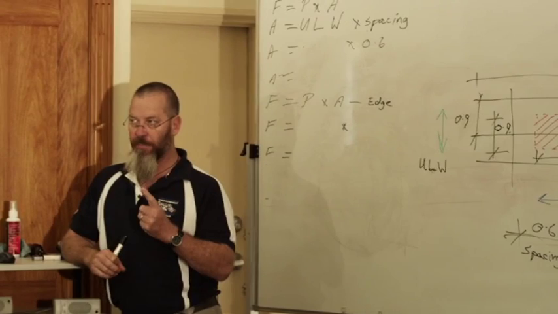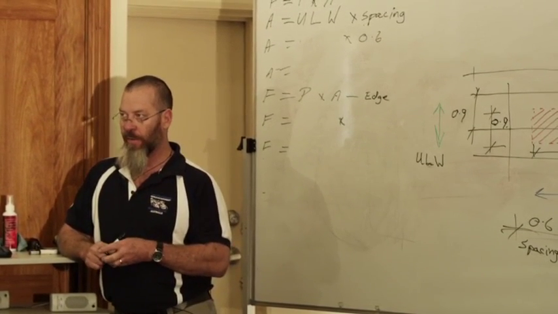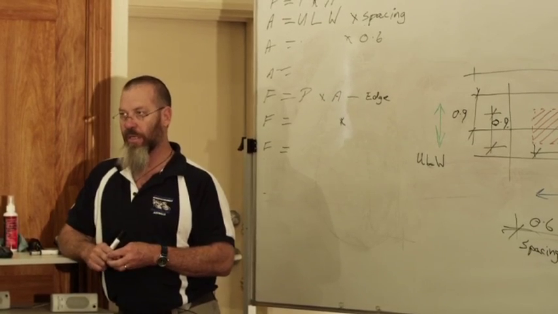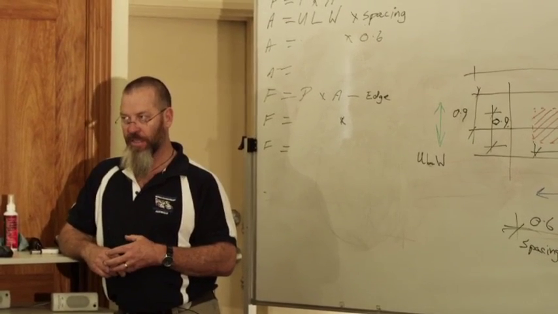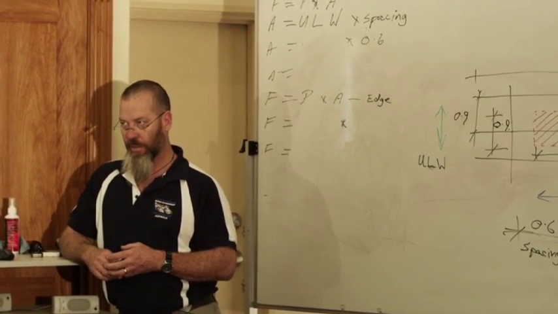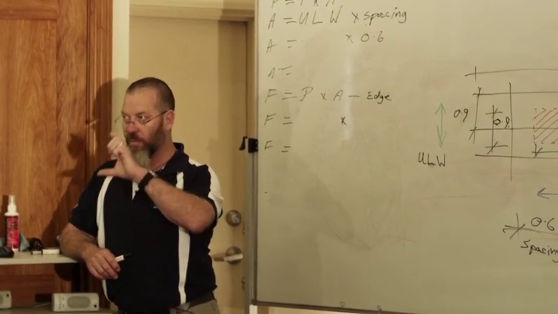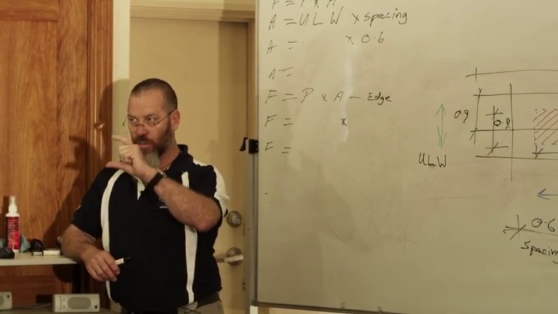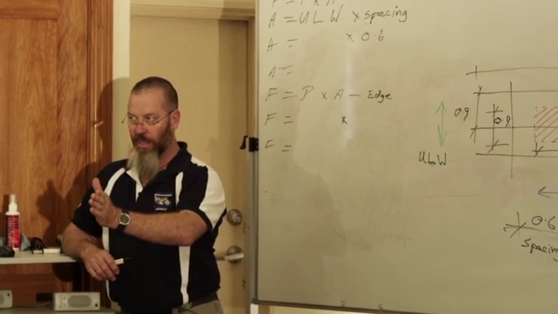The first step that I said to you earlier about working out your ULW formula is you've got to ask yourself, is this an external wall connection? A batten to rafter, is it an external wall connection? No. So that determines which formula we're going to use for our ULW. Remember that? Because we had two ULW formulas, one for outside wall connections and one for all other connections.